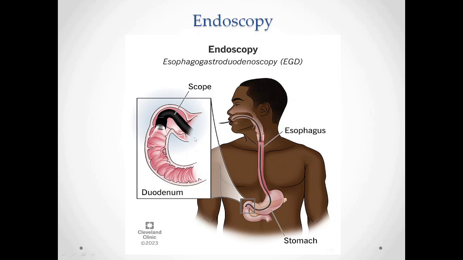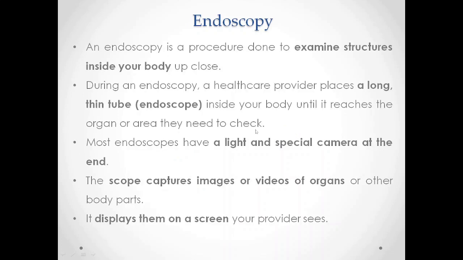This is your endoscope instrument. It has a light. It is inserted through the mouth. So here we have the food pipe, which is called the esophagus. You see the black color wire, it goes inside up to the stomach and up to the intestine it travels. So this is called a simple type of endoscopy.